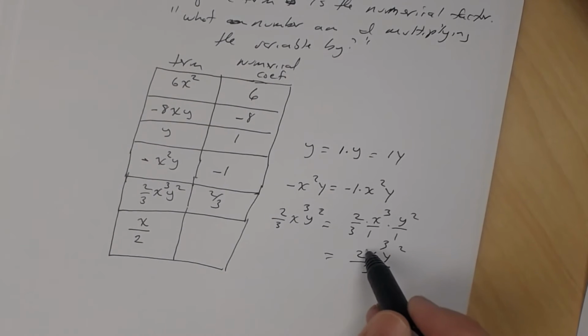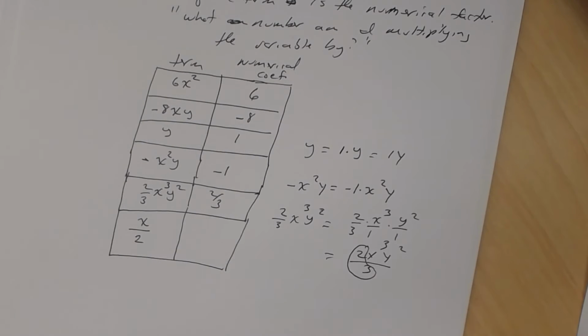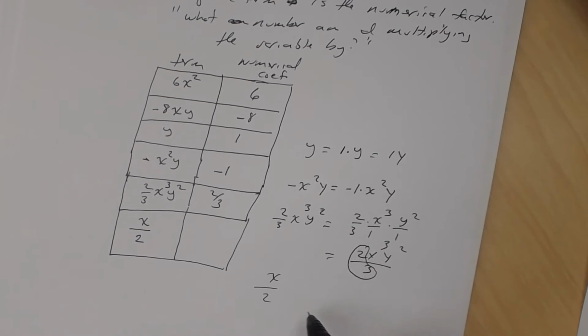So the numerical coefficient of the x cubed y squared is 2/3. In the same situation, if I have this x over 2, and remember this is understood to be a 1 right here, I can think of this, just draw a circle behind or enclose these numbers in a circle.